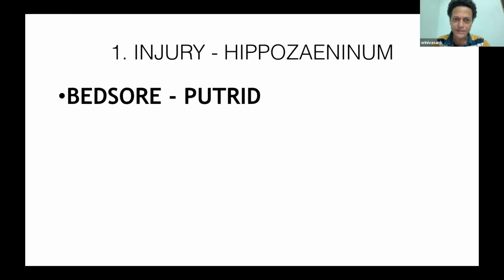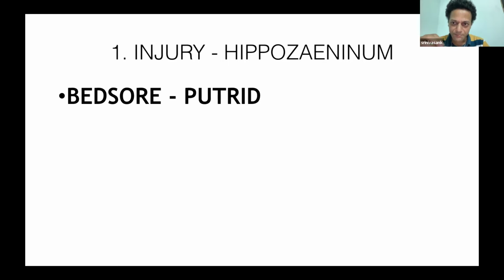So this was one patient with a different medical history, where, to cut it short, the focus was on injury. There was a bed sore which was getting putrefied. Putrefaction was taking place. And in Knerr's repertory, in that chapter, you go to the injury subchapter, bed sore, putrid, the remedy is Hypoxanthinum.